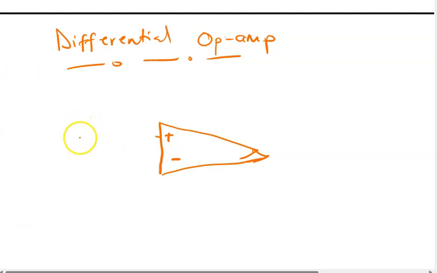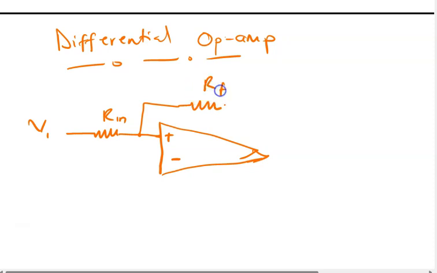So I have an input resistance here, and it's connected to a voltage which can be termed as V1, right? So R in over here. Then we have a resistor which is termed as the RF.